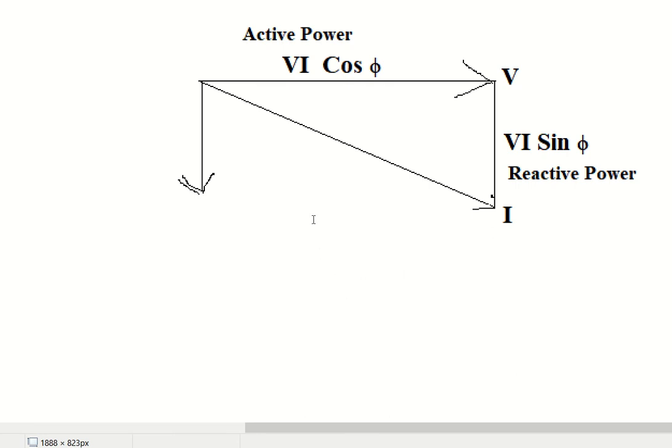And then if you want to find the net power or apparent power, what do we do? We take the vector sum of these two components, V I cos phi and V I sin phi, and we get this, which is called apparent power.